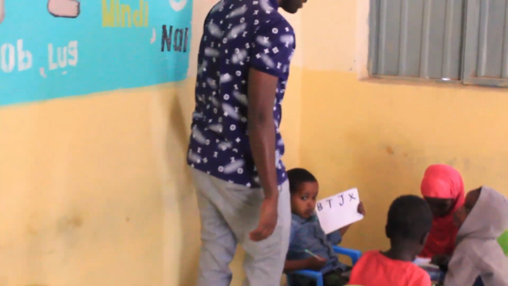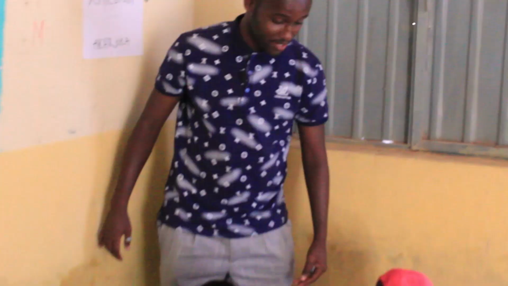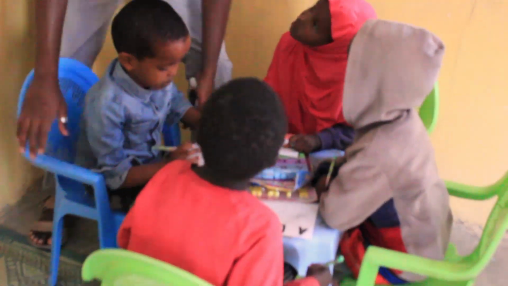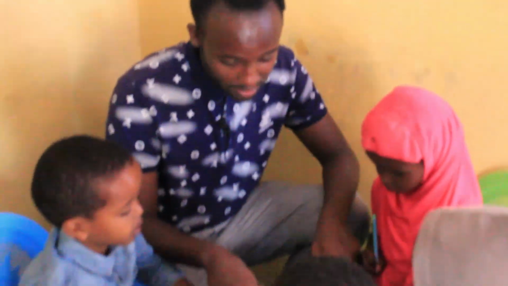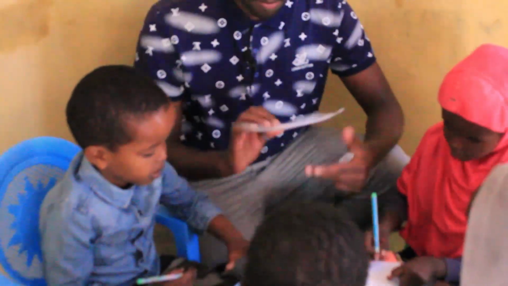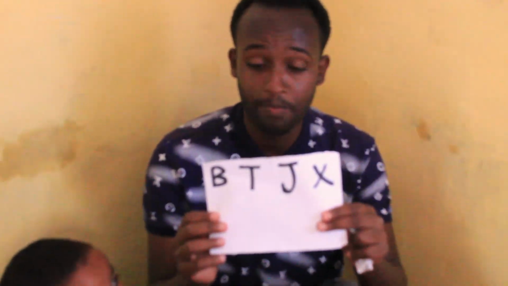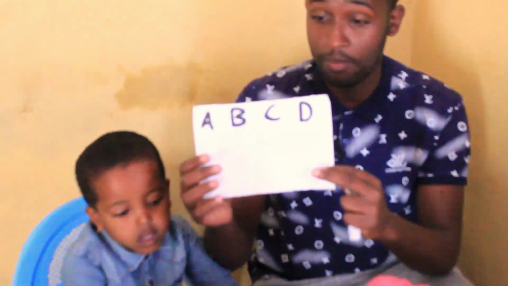Let us jump to the reading class. This is a reading class. It is a writing and reading class, and we say it's ABCD, something like that. Here it's ABCD. Or no, it's Ba, Ta, Cha. It's a Somali alphabet, and this is an English alphabet.